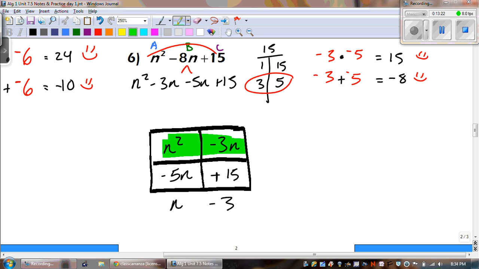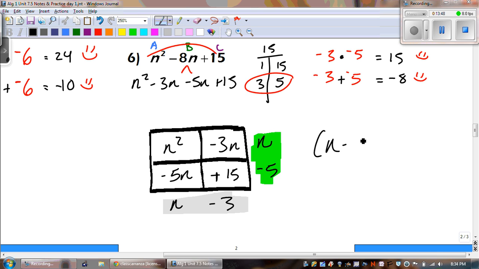The GCF of the top is just an n. And then the GCF of the bottom, our leading coefficient is negative, so that means that that 5 is negative. Okay, so when we're all done, we have our two binomials of n minus 5 and n minus 3.